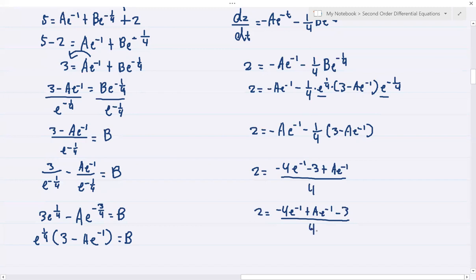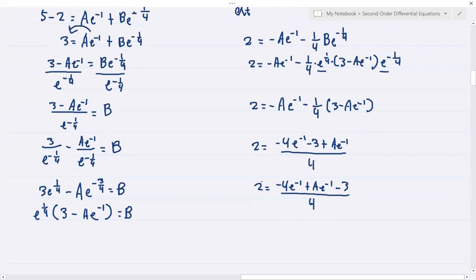Then what I can do is I can cross multiply. I can multiply 2 by 4. Basically cross multiplication. So I will have 2 times 4, 8 is equal to -4 times e raised to -1 plus ae raised to -1 minus 3. Then what I will do is I will transpose the first term and the last term on the left.